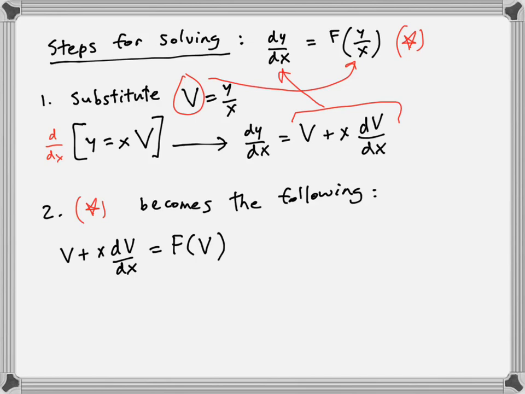Now, what is nice about this? Do you guys notice that this actually becomes the following? Let me do a little scratch work here. If x dv dx is equal to f of v minus v, then don't we get the following?